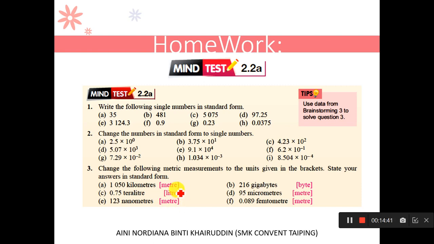So this one you can refer to the table or use data from Brainstorming 3 to solve question 3. In your textbook, Brainstorming 3, I've given you the table of conversion for this.